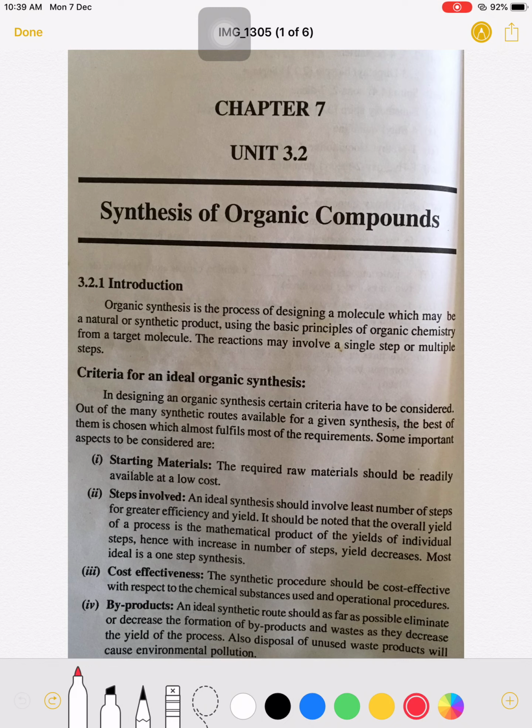So the third, cost effectiveness. The synthetic procedure should be cost effective with respect to the chemical substances used and operational procedure. Suppose we are going to synthesize a tablet.